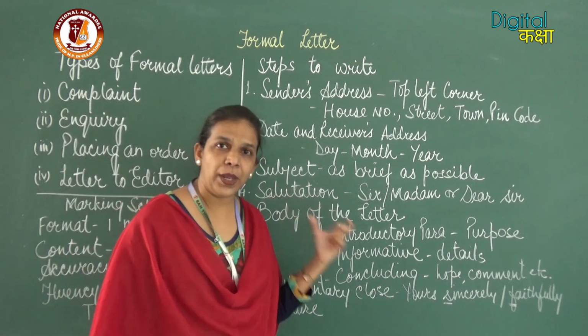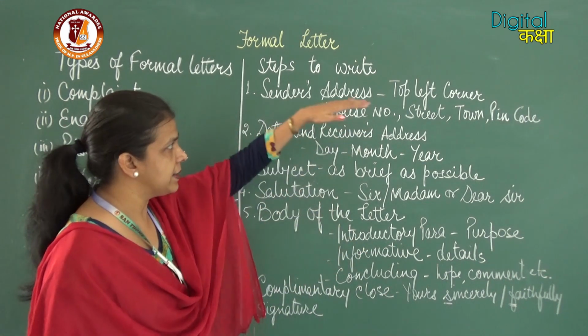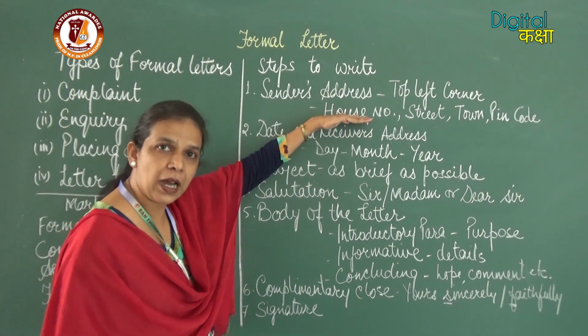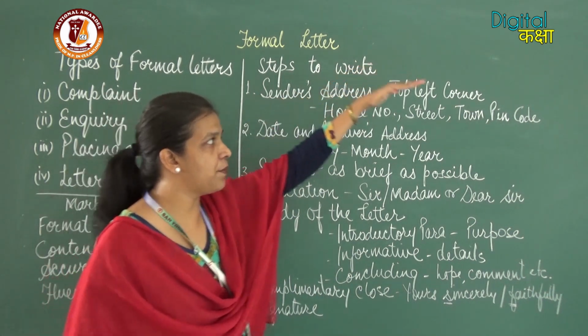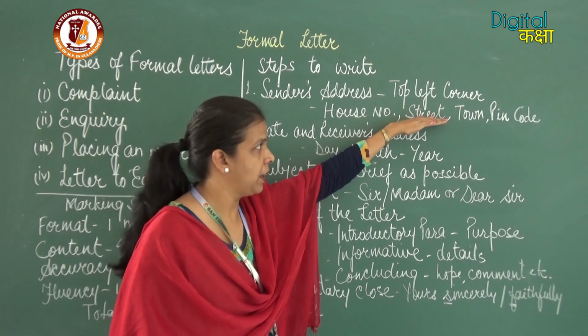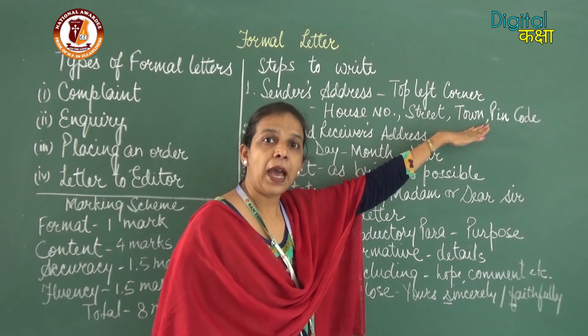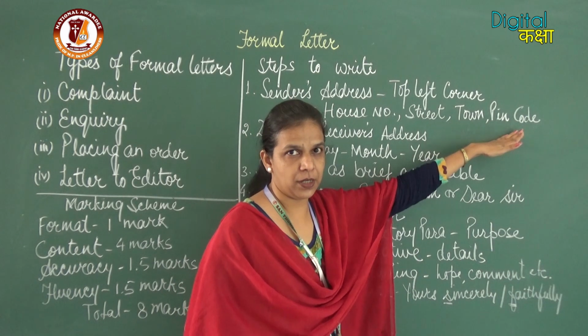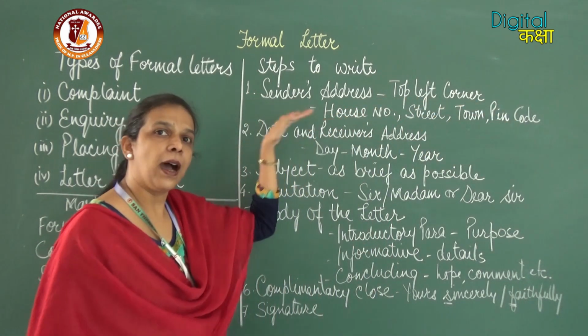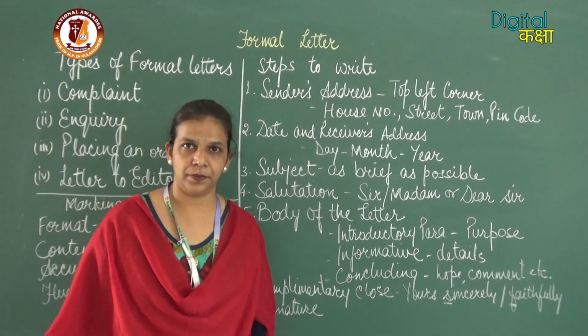The way we write it is like this. First comes the house number followed by the street's name, then the town's name and the pin code of it. All these details are given in the question.